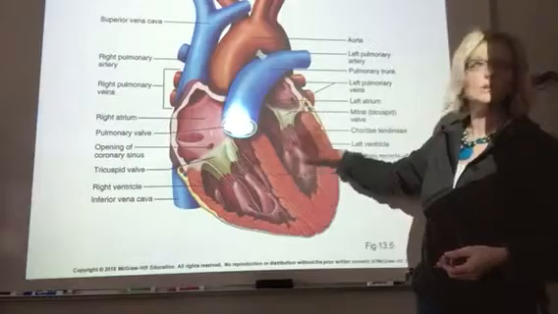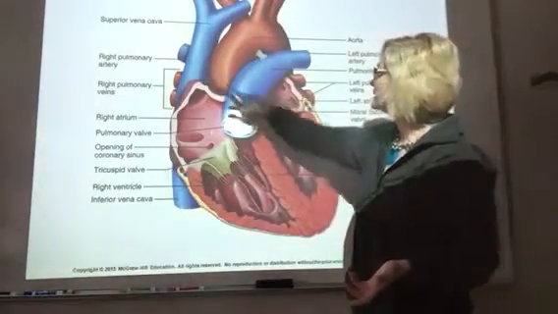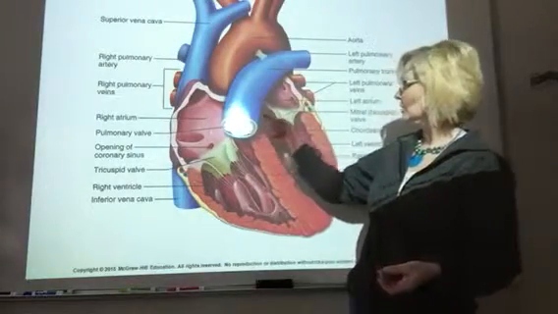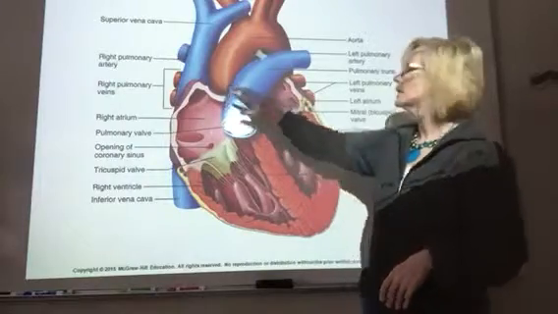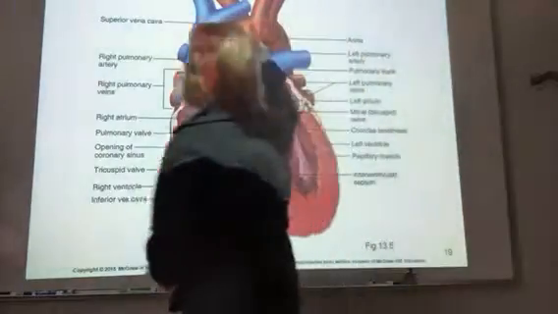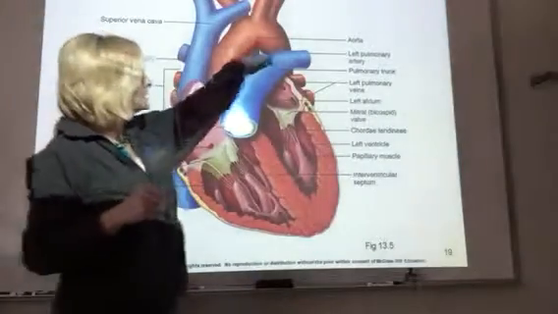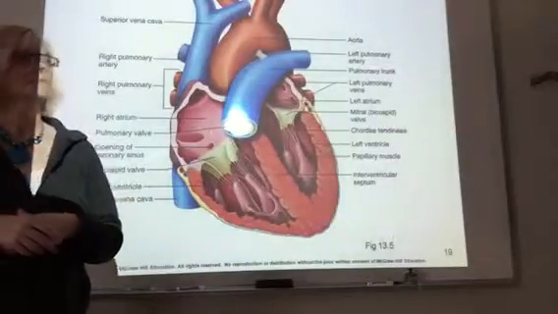This is good, oxygen-full blood. Comes up, the aortic valve is underneath here, not shown, and it's going to lead to my aorta. And this aorta is going to send blood up to my head and arms and everywhere, and down to the rest of my body.